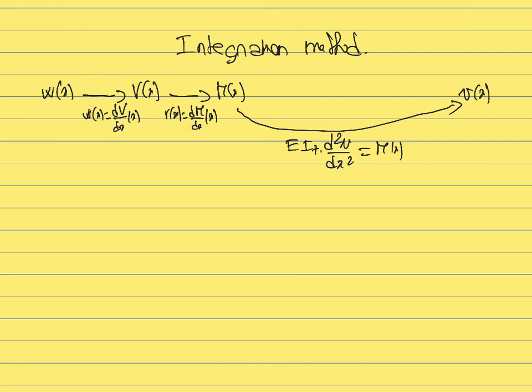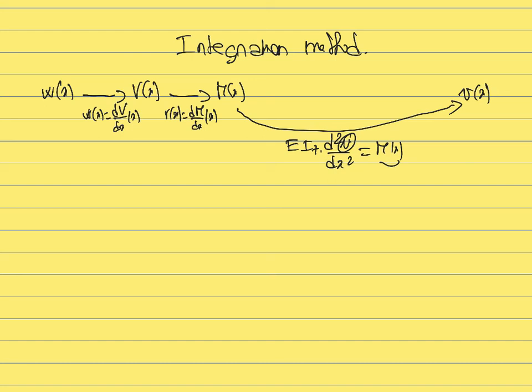This relationship gives you a link between the internal moment and the deflection. The moment is EI times the second derivative of the deflection. So that means that if you integrate the moment 2 times, then you can get the deflection.